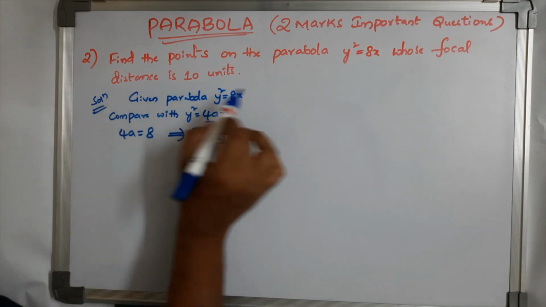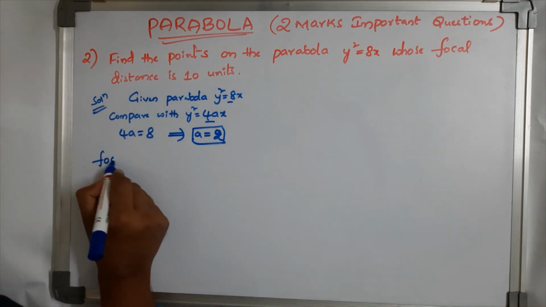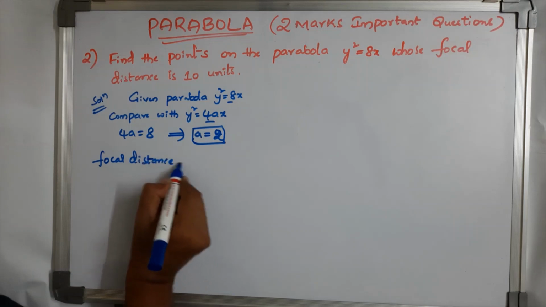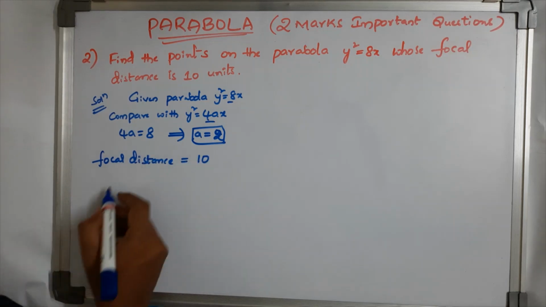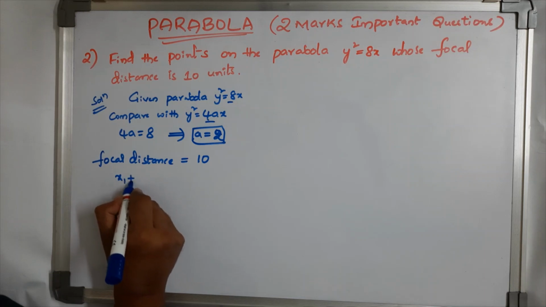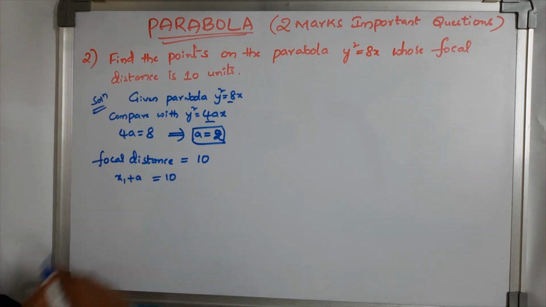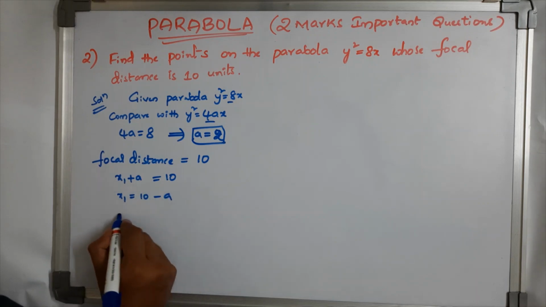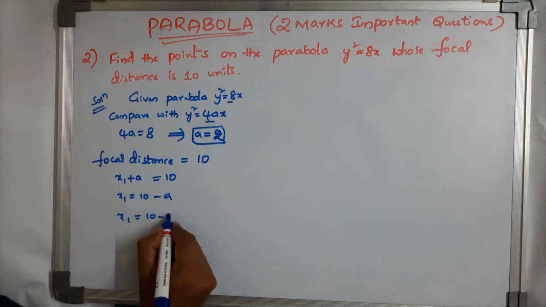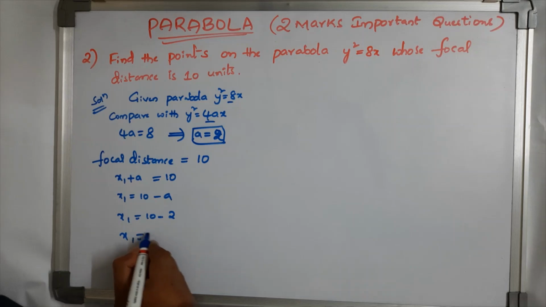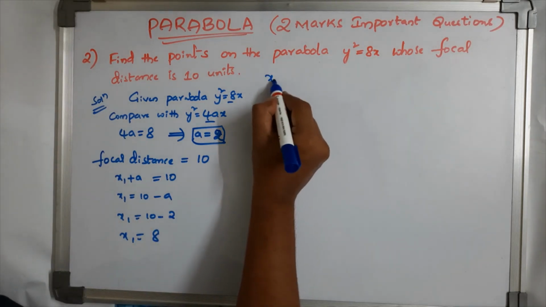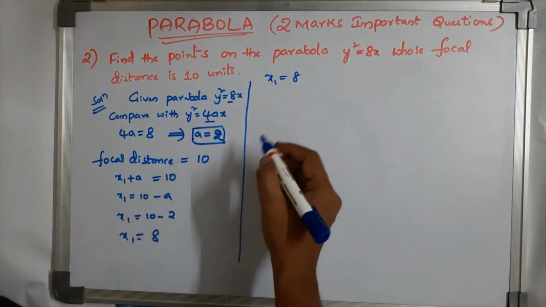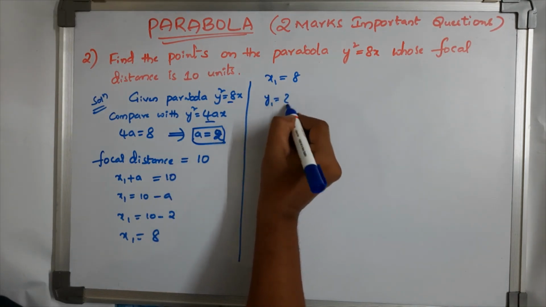Now the focal distance is equals to 10. What is the focal distance? x1 plus a is equals to 10. Now x1 is equals to 10 minus a, x1 is equals to 10 minus 2, x1 is equals to 8. The value of x1 is 8. We have to find the another coordinate, that is y1.